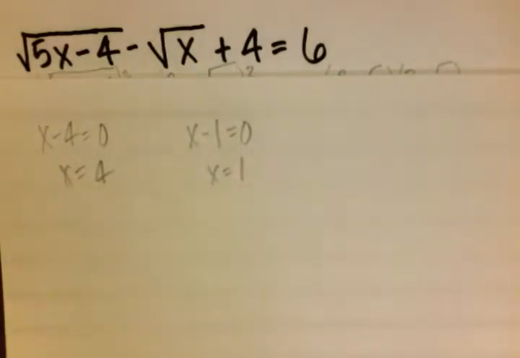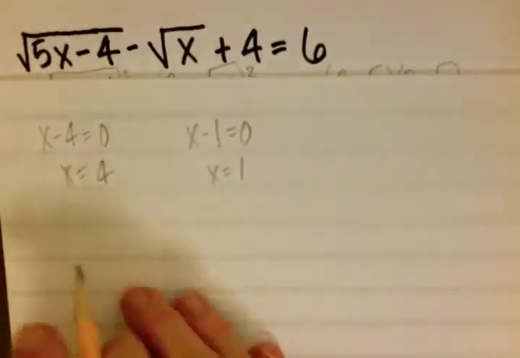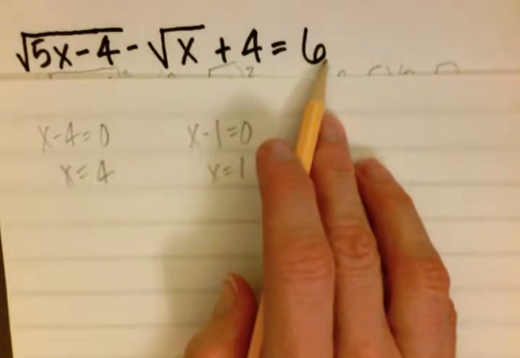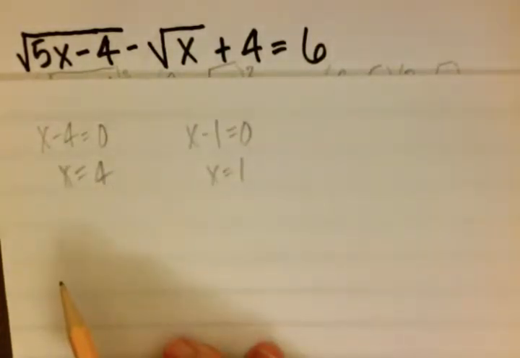Now, we have two answers here, but it's very important for us to check those answers. So what we want to do is put 4 back in, plug it back into our original equation and see if it comes out.